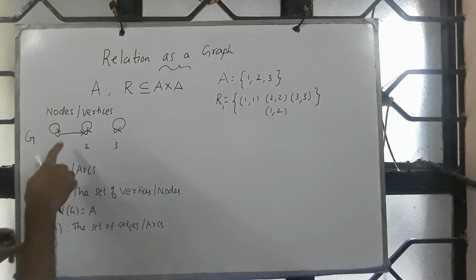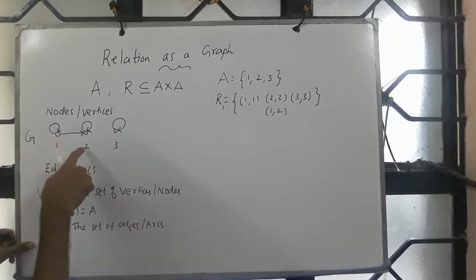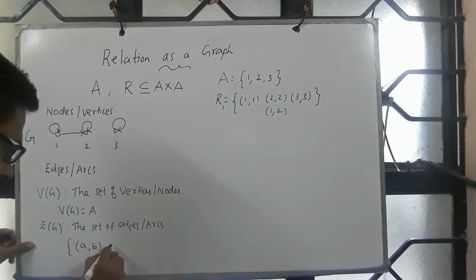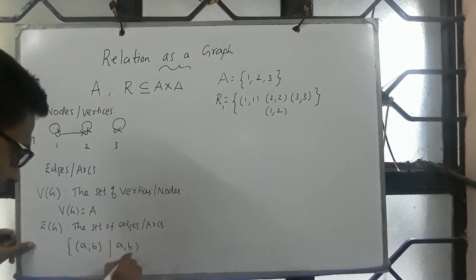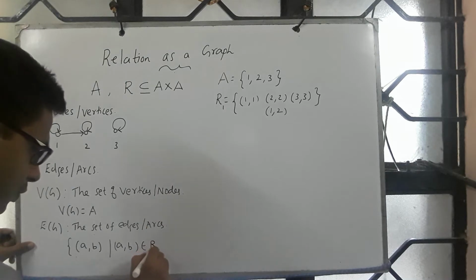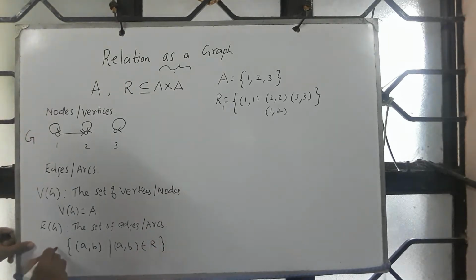Please note there is a direction attached to it. So if there is an arc from 1 to 2, it means (1, 2) is in R. You find an edge between a and b when (a, b) belongs to R.